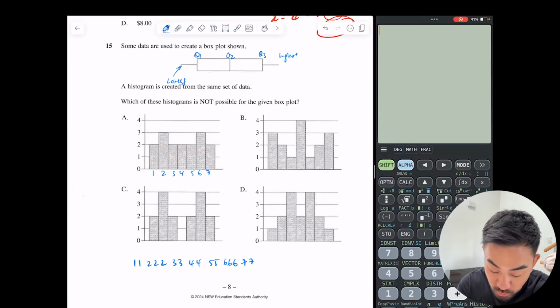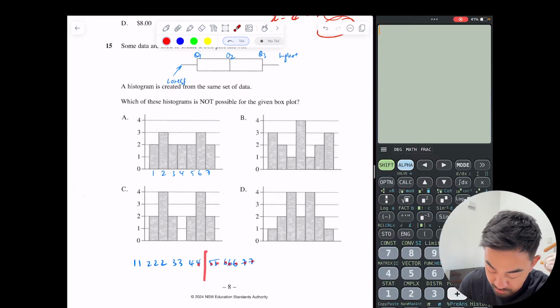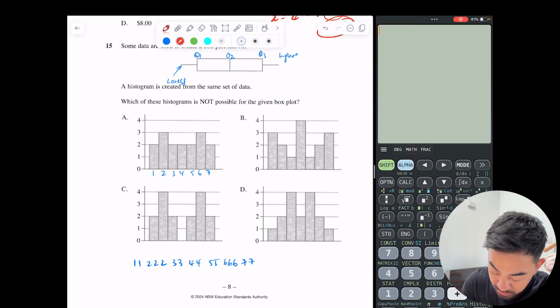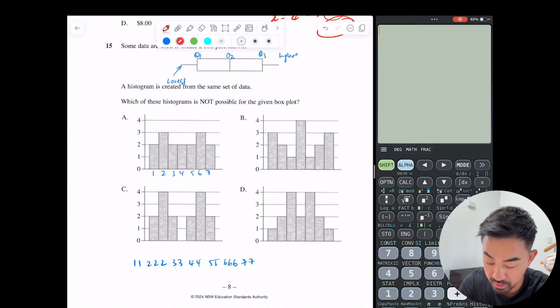So hypothetically speaking, where are the quartiles? I think this will be the median, right? So the median is here, I think. This 4, I think. Oh wait, no, it can't be. It's got to be in between because there's an even amount.